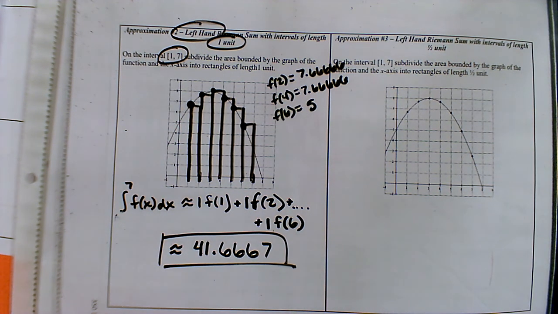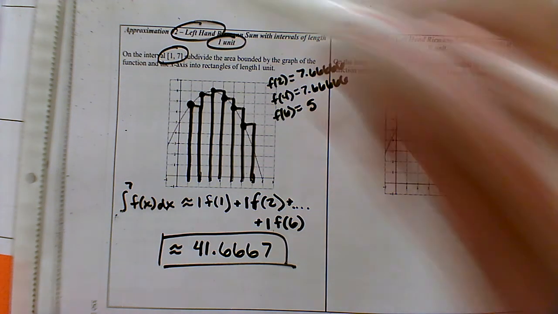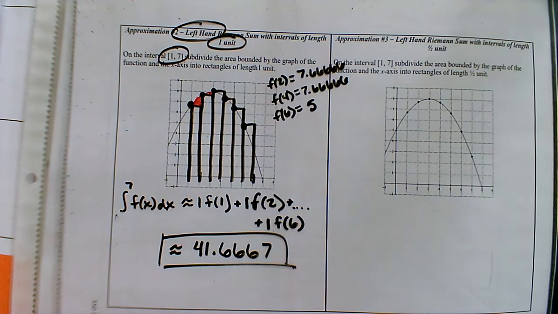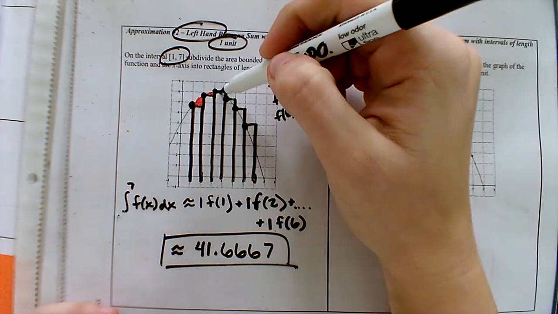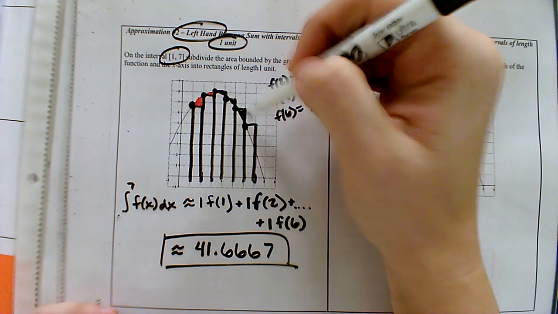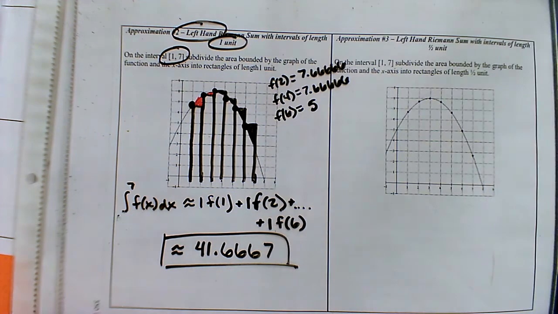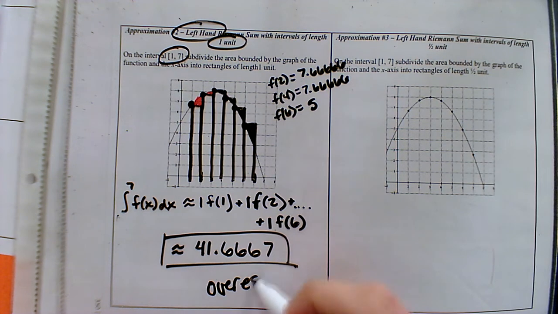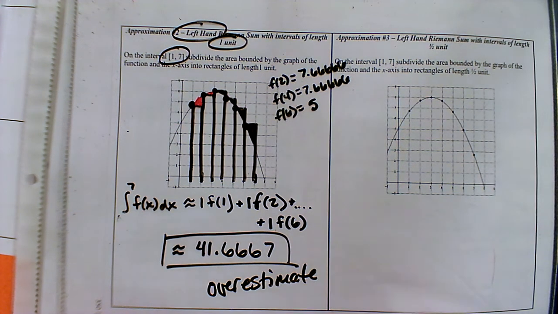Over or under estimate? Over? Let's see. Okay, so this rectangle under, this rectangle slightly under, but it looks like the last 4 are definitely over. So when you look at kind of the total over or under, I think we have more over than under. Okay, so over estimate.